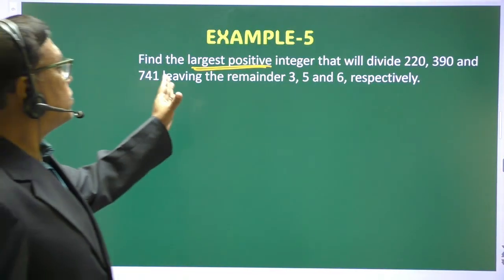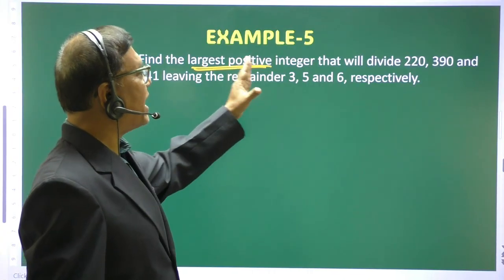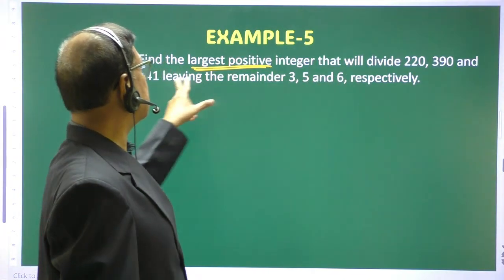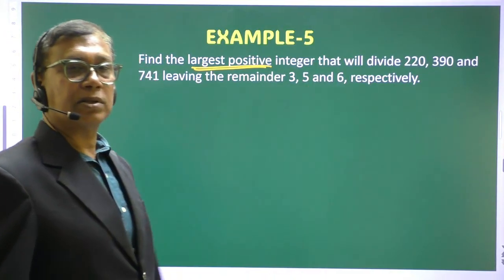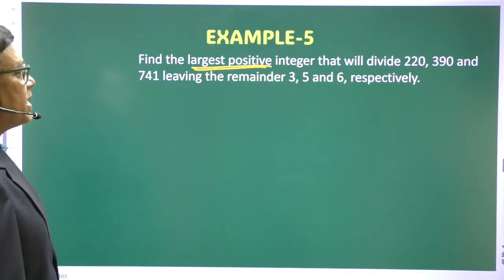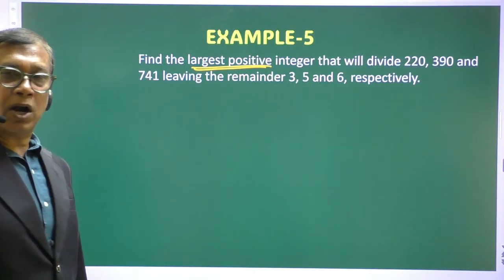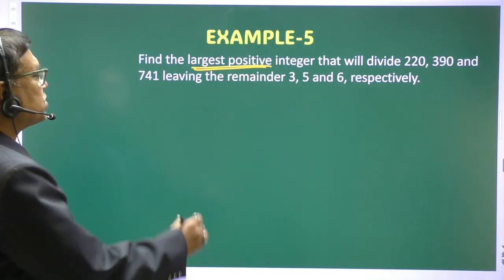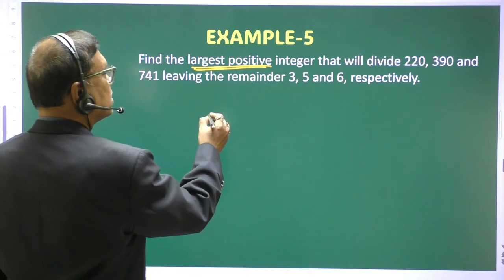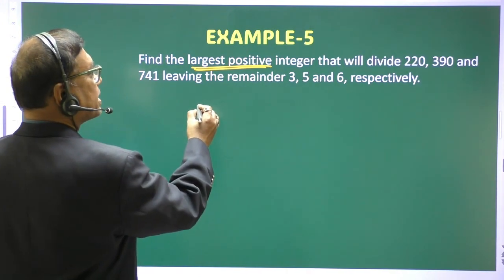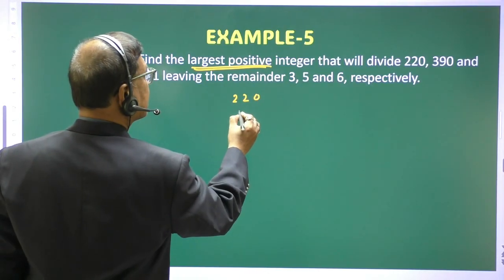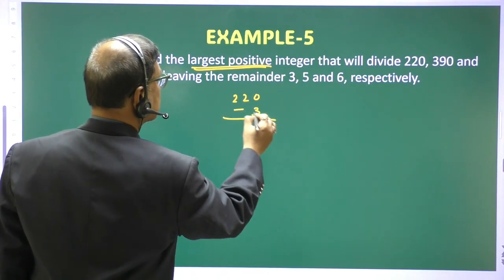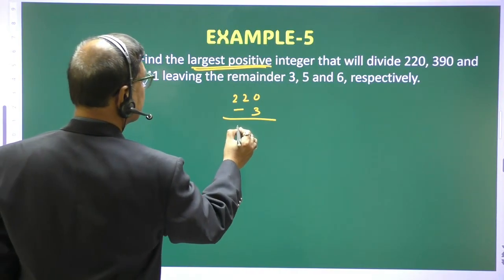So we have to know the HCF value that will divide these three numbers, leaving the remainder 3, 5, 6. Since the numbers are leaving remainders, obviously they are not exactly divisible. So first we have to know the numbers which will be divisible exactly. That means 220 minus 3. If you subtract the remainder, then we will get the numbers.